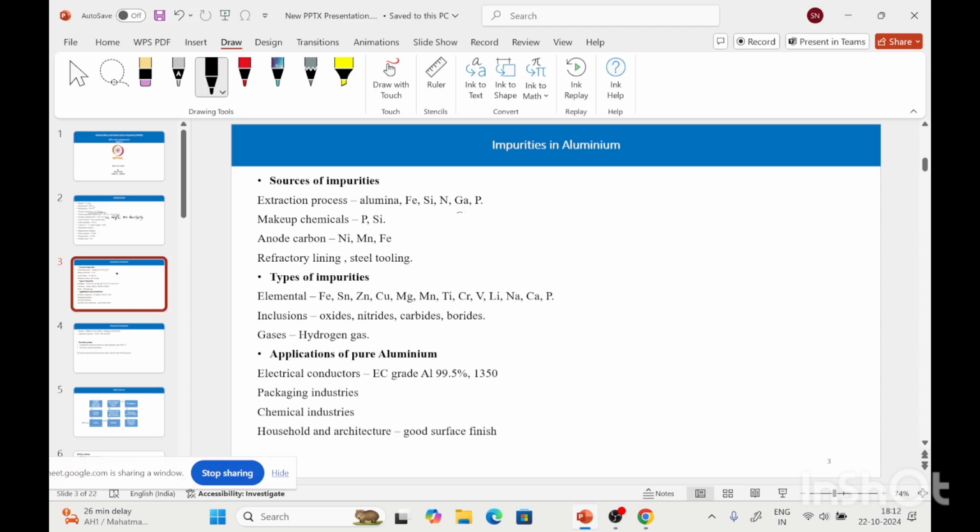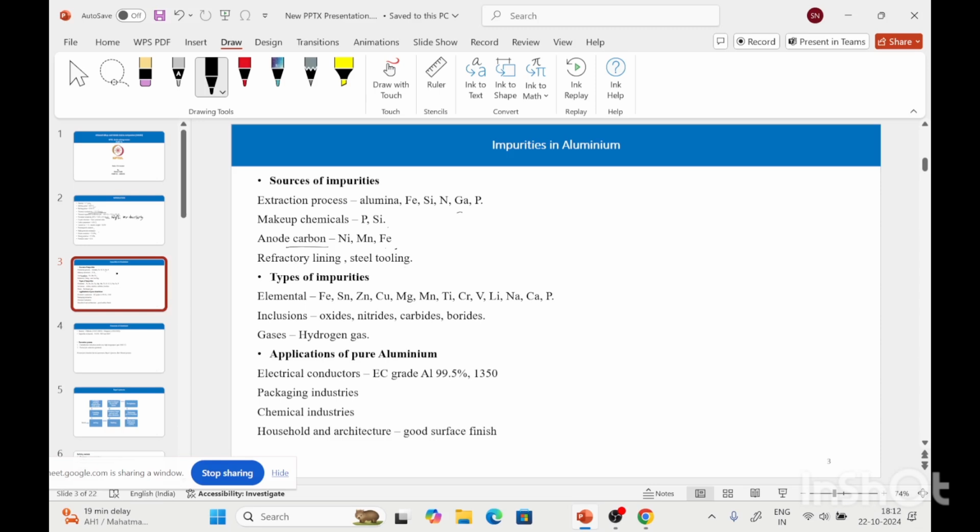And the impurities coming from the makeup chemicals are generally the modifiers, fluxing agents and the alloying elements, or the modifiers to refine the aluminum ore. So the phosphorus and silicon come from them. The anode carbon during the refining process can produce nickel, manganese and iron impurities in the aluminum. And other sources are refractory lining and steel tooling.